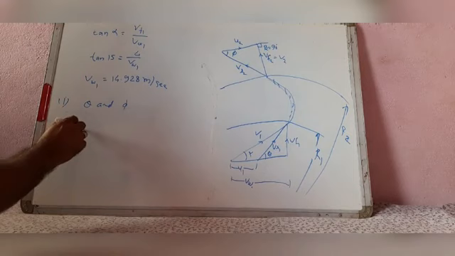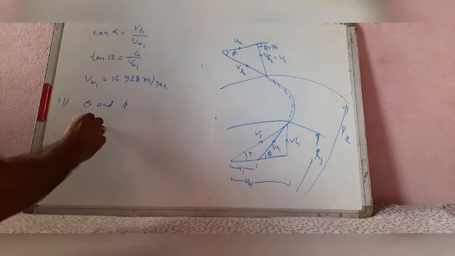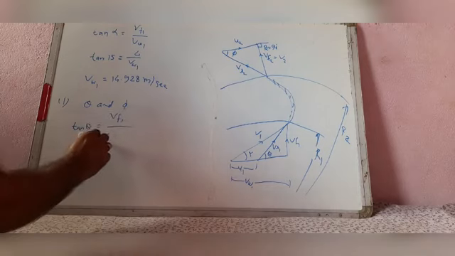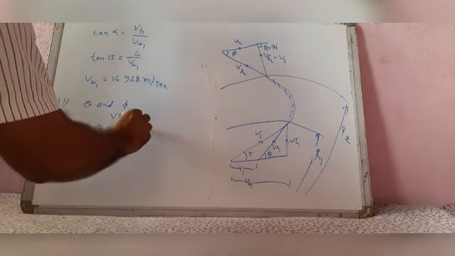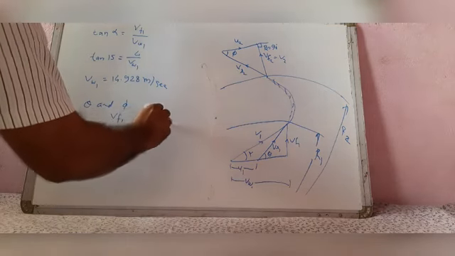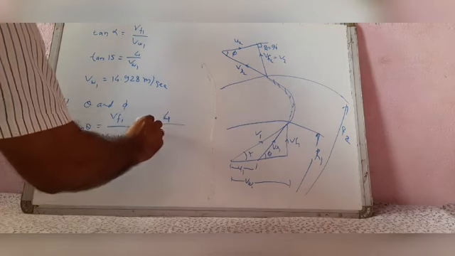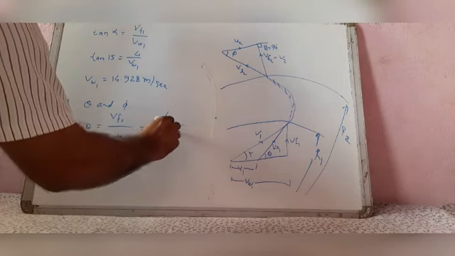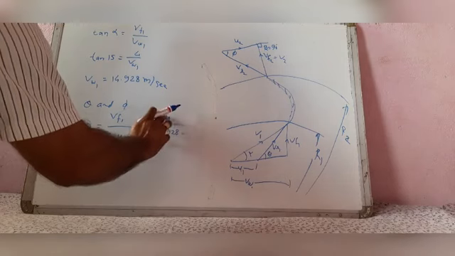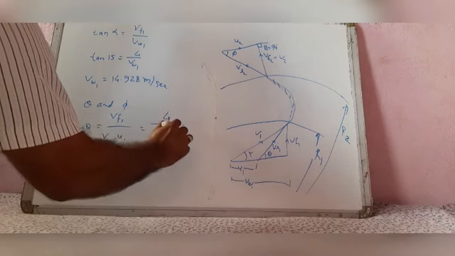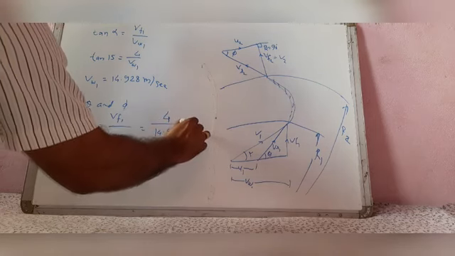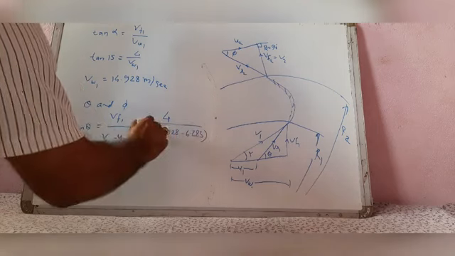So finding the angle theta, tan theta equal to Vf1 by Vw1 minus U1. Putting the values here, 4 divided by 14.928 minus 6.283.